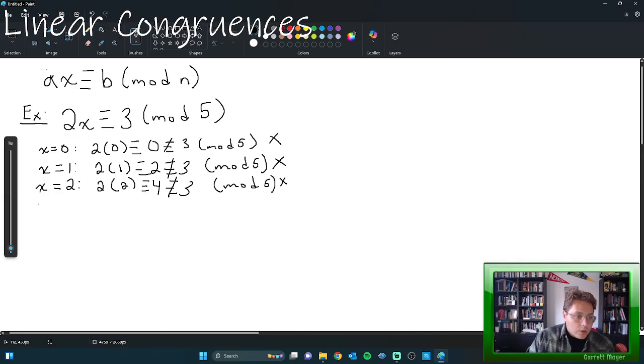So the next one, let's look at x equals 3. 2 times 3 is congruent to 6, but this is also congruent to 1, which still doesn't get us back to 3. But now we can maybe see that there actually is a way of getting an odd number from multiplying 2 times something in the congruence class.